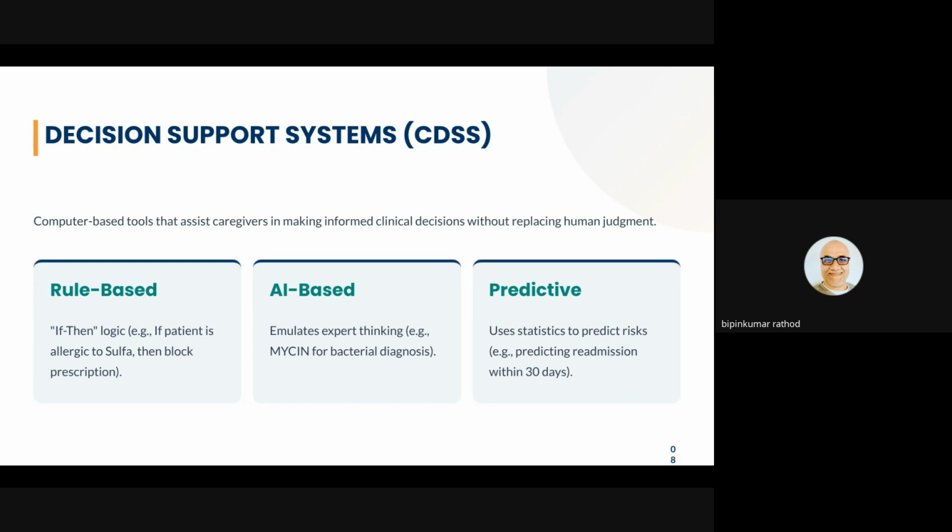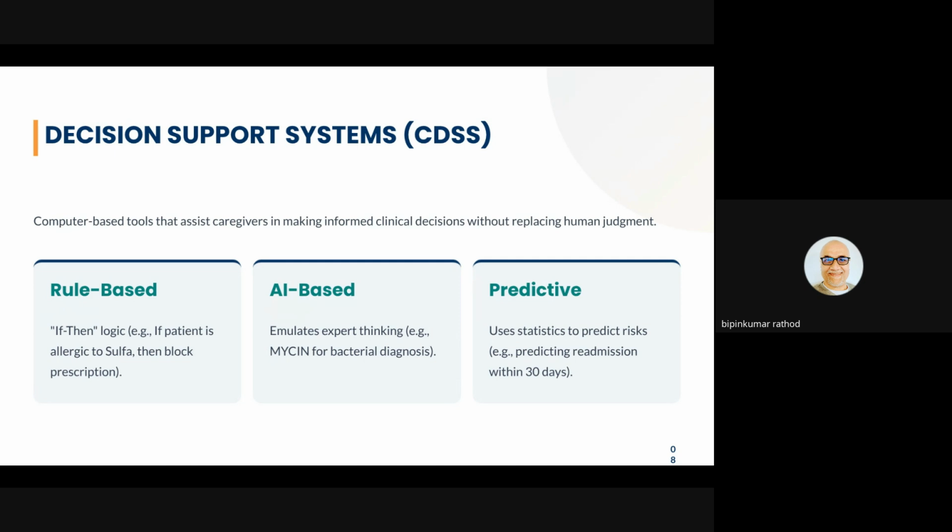Okay. So what technology is working behind it? One is called rule-based, second is AI-based, and third is predictive. In the rule-based, how does it exactly work? It's an if-and-then logic. Nothing too technical.